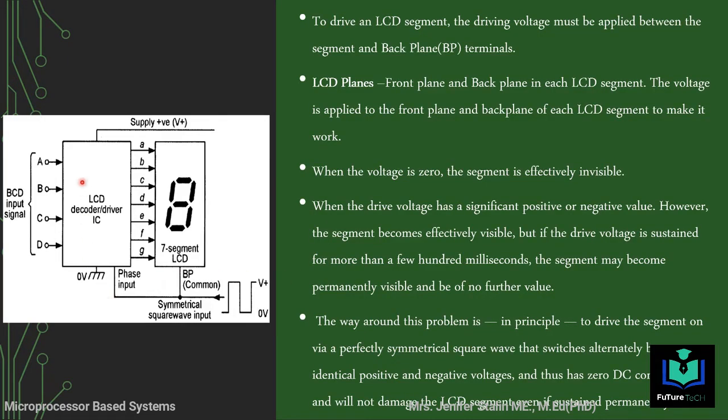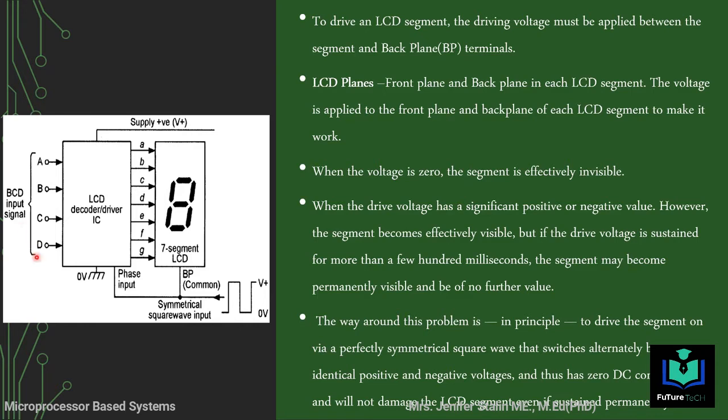So this is the circuit diagram of a 7-segment display which is connected with the decoder, or you say driver IC. It contains 4 inputs. All the 4 inputs are BCD inputs, binary coded decimal inputs.